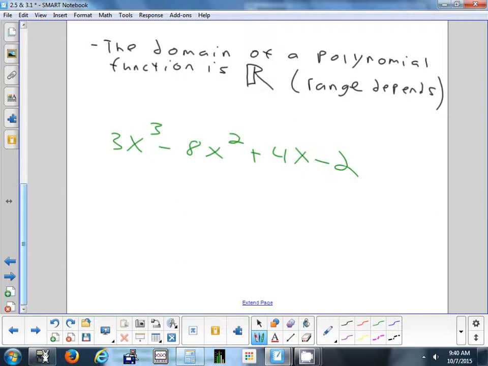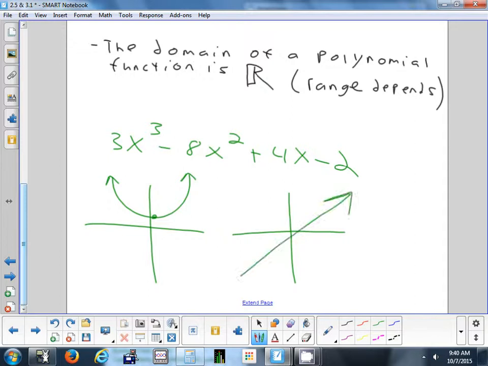Okay, think of a parabola. In that case, the range has a low value, and it goes up forever from that lowest point. But if you were to draw a line, it goes up and down forever. A line doesn't have a minimum value.